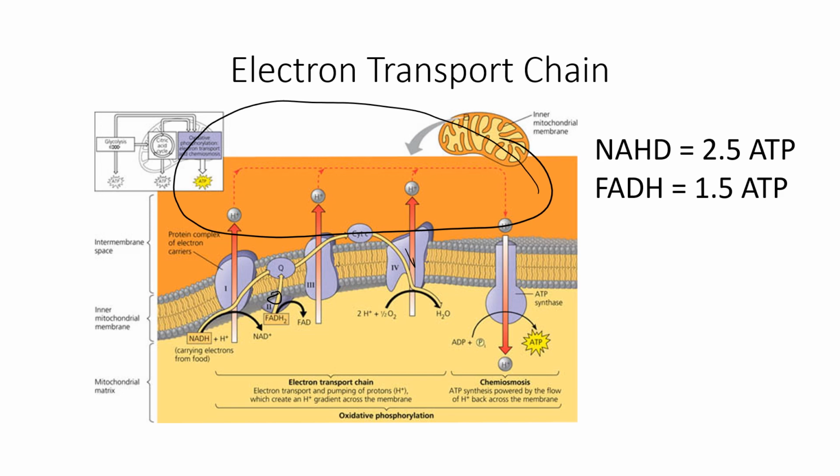And then what happens is complex 2 has its electrons taken from it, or we could say complex 2 is oxidized by coenzyme Q. So if we really want to be incredibly specific, complex 2 is succinate dehydrogenase, and it's involved in oxidizing succinate to fumarate.